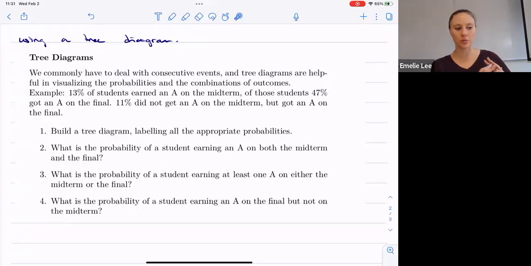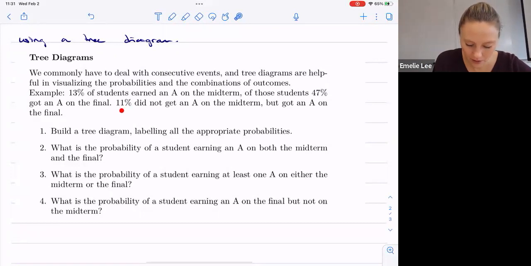Now, that's a conditional probability because it doesn't mean 47% of the entire class, it's 47% of that 13%, right? And so it's actually a very small percentage. And then 11% did not get an A on the midterm, but they got an A on the final.